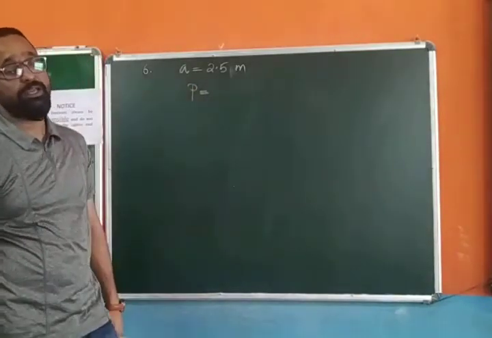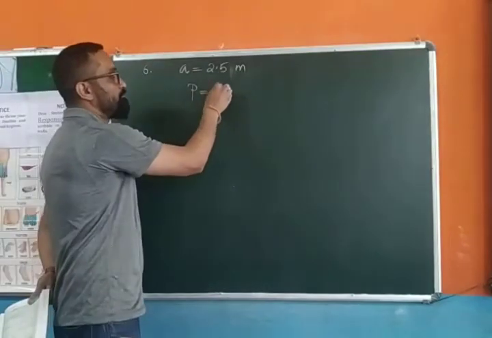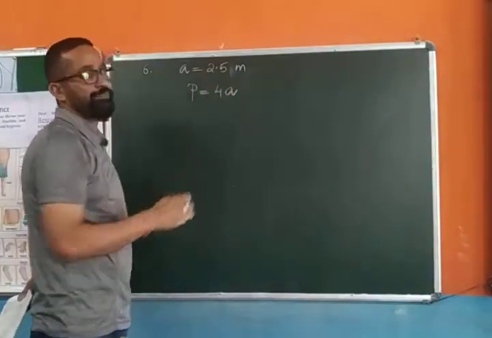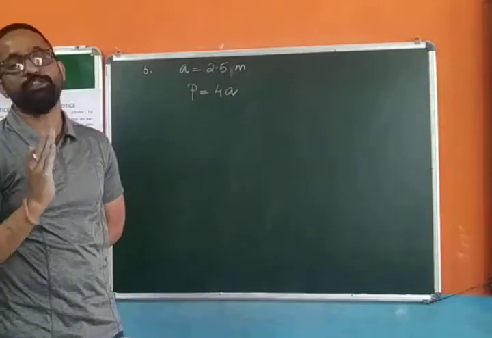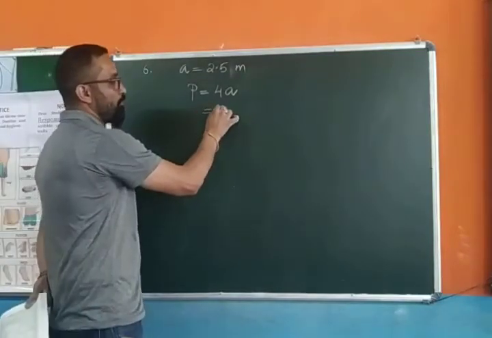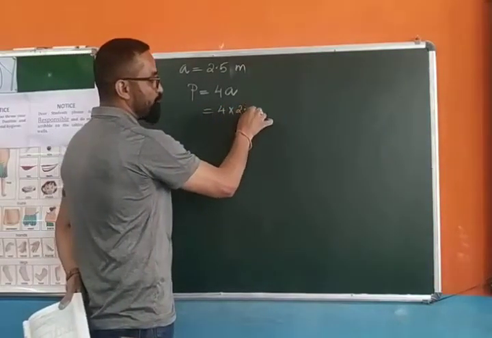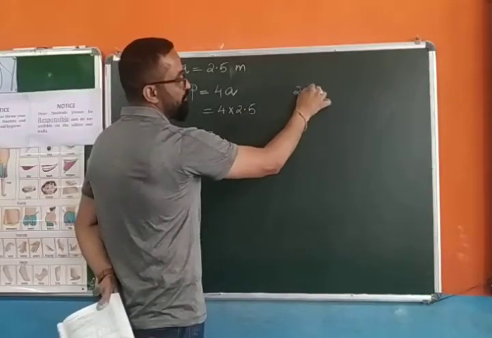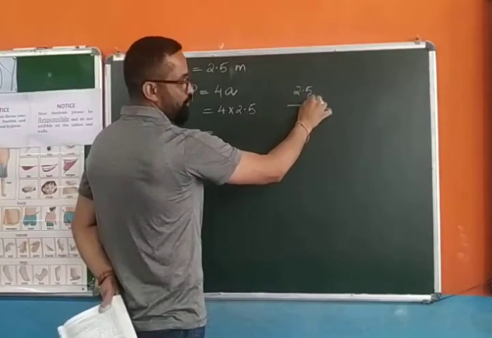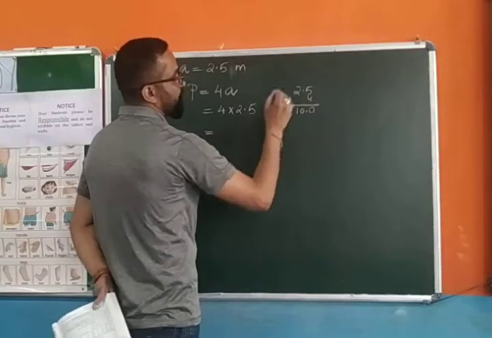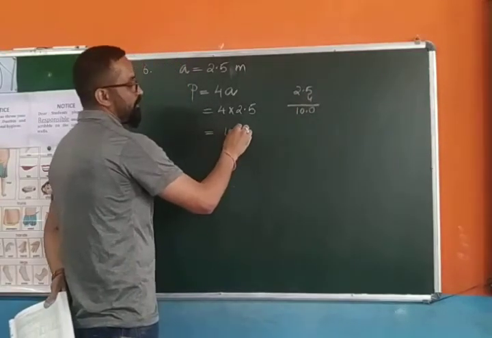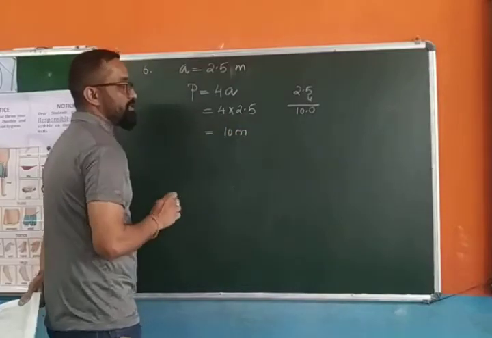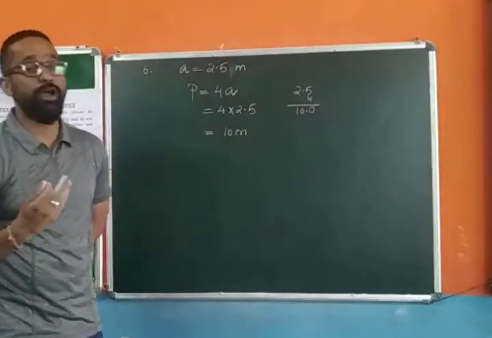Perimeter of square is calculated by the formula 4A, where A stands for side. 4 multiplied by 2.5. Doing the multiplication at the side, it is 10 meter, the perimeter of the square.